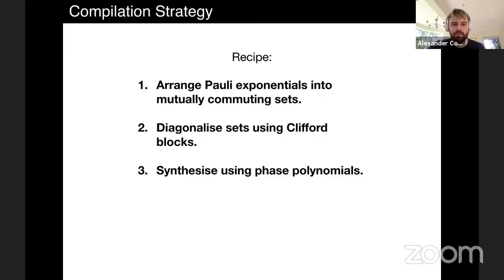We would then want to diagonalize these sets using some shallow Clifford blocks. And the point of the first two processes is to then allow us to use the power of phase polynomials to synthesize the resulting z-basis Pauli exponentials efficiently.